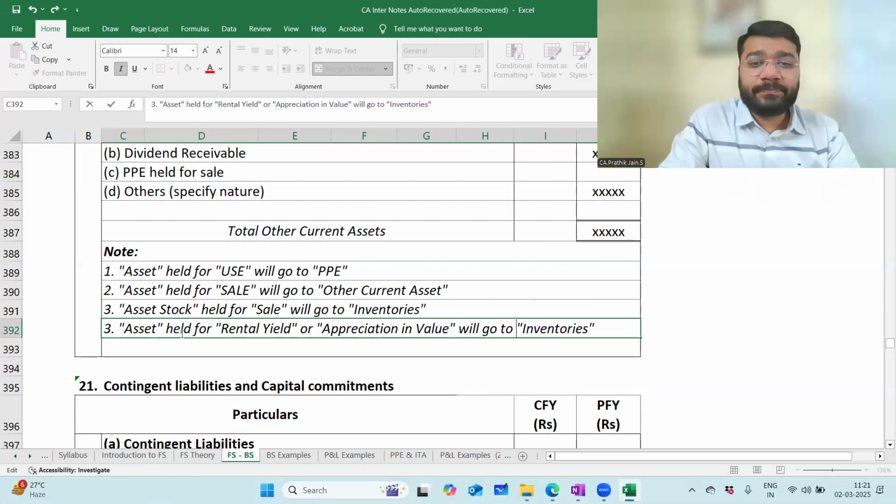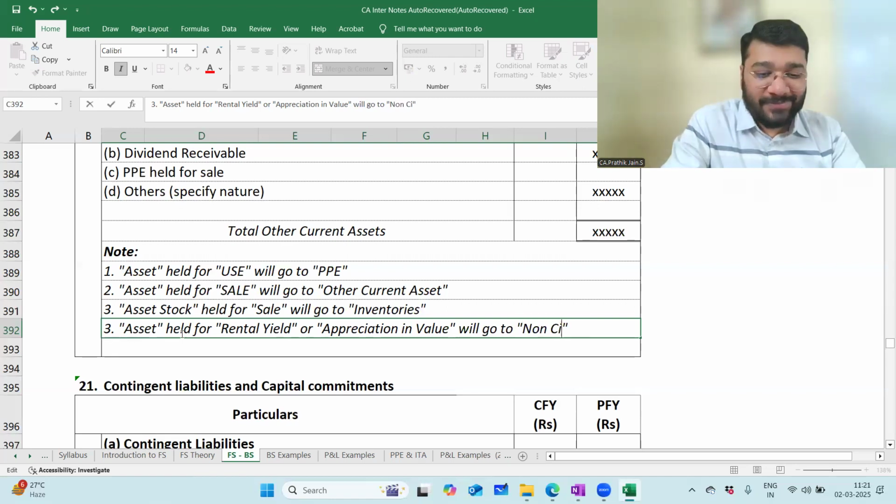Where will this go? Inventories. Who said inventories? I can put investments. Current or non-current, you can decide based on the nature. I can put it as investment.